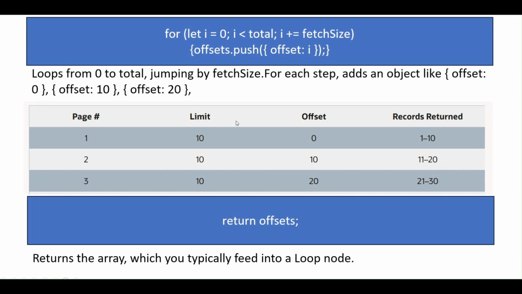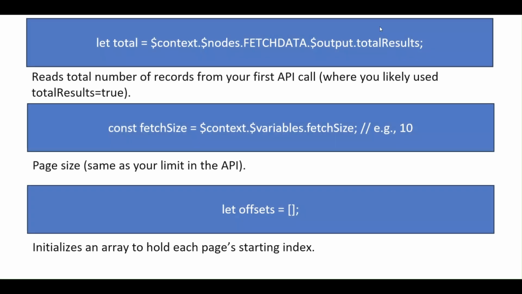Now moving on, there is a fourth row. Then comes this loop, where I'm saying let i equal 0, i is less than total, then we need to increment it. Earlier it was 0, then it will become 10, next time 20, and next time 30. Let's say the total results from the first row gives me 25 records.